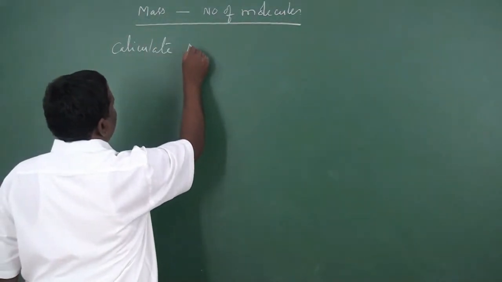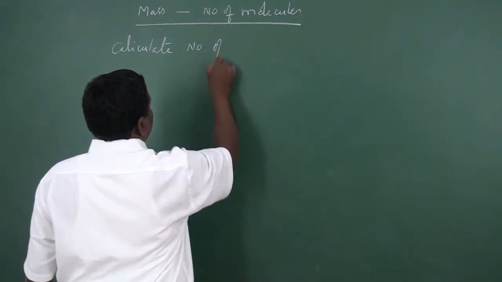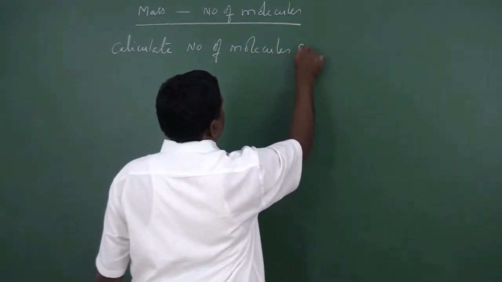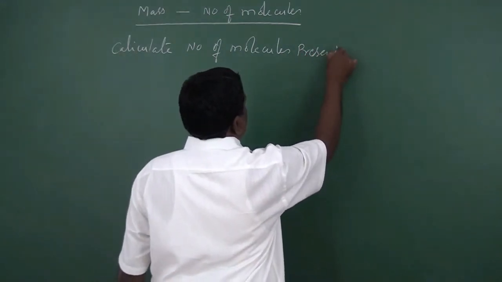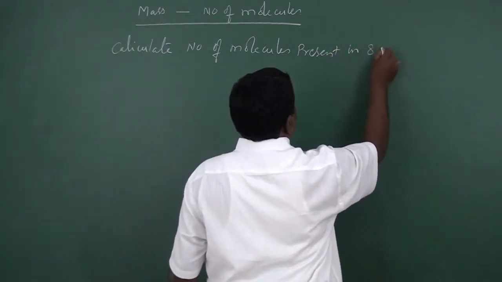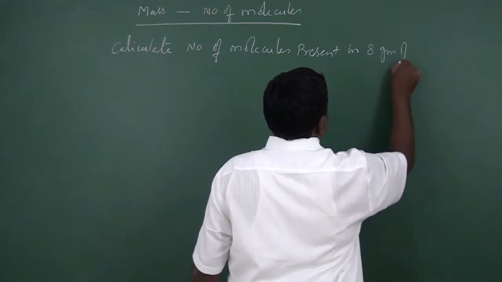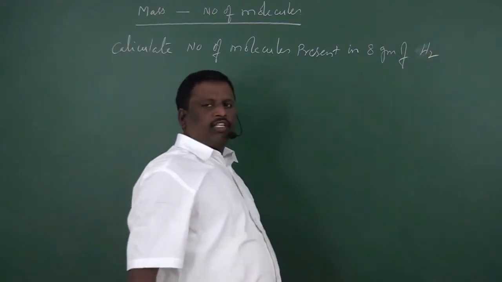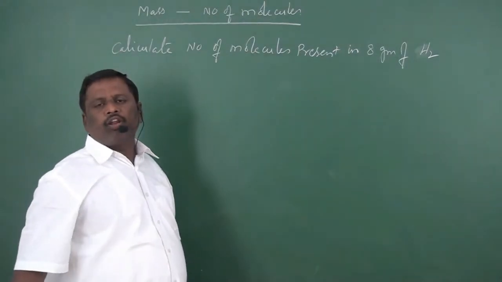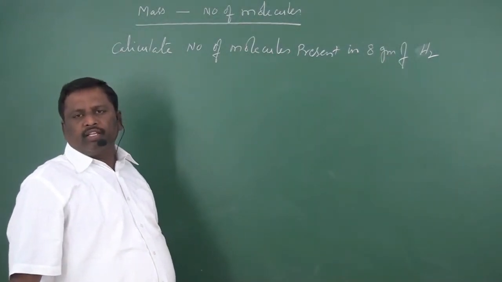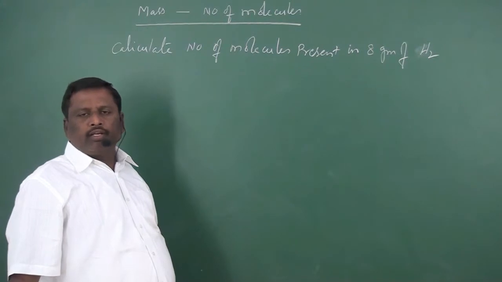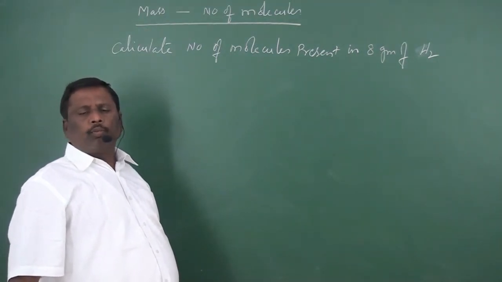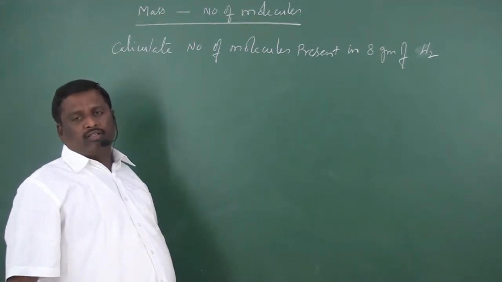Calculate the number of molecules present in 8 grams of hydrogen. Here they are asking about the number of molecules present in 8 grams of hydrogen. Here also the same thing. First you should write down the molecular weight of hydrogen.